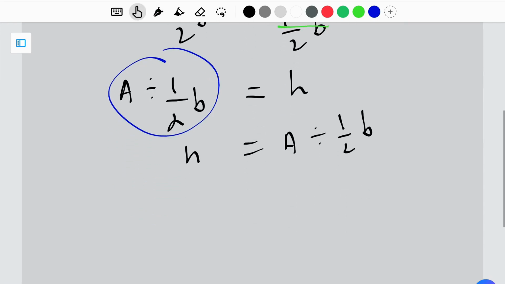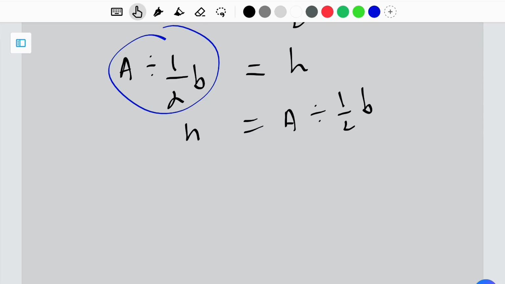I hope we're all following. You know the rule you learned in primary school: when we have this scenario, we can say area times 2 over b. What did I do?